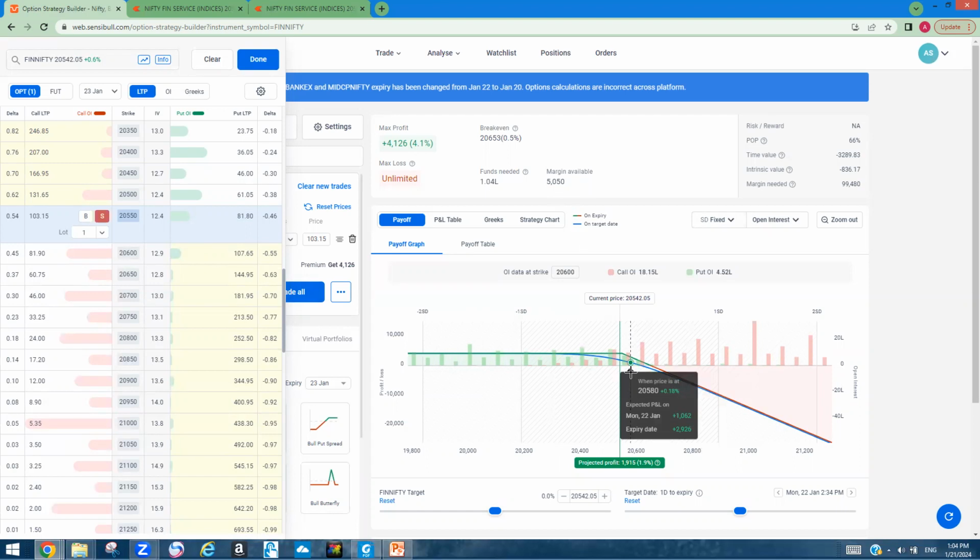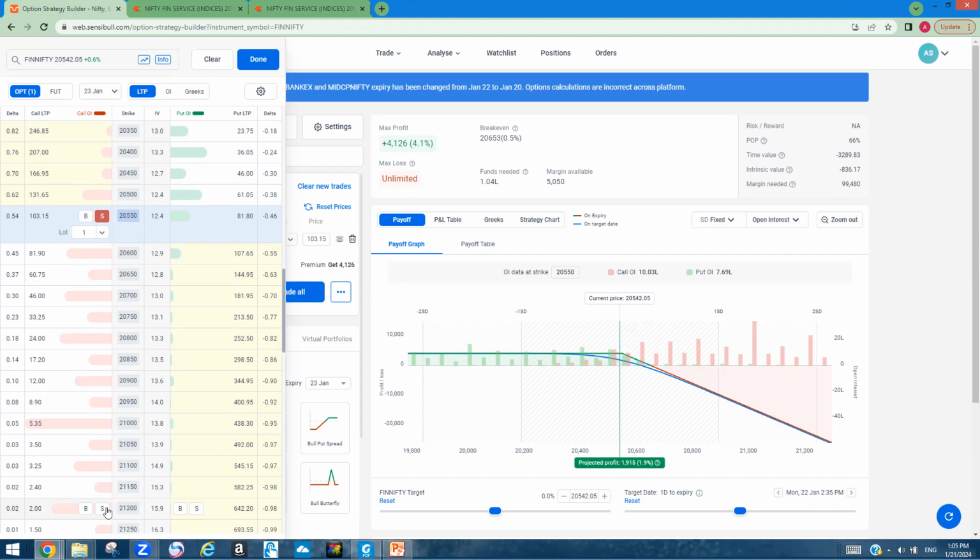Now we can decrease this margin by buying an OTM call option. You see, if I go to OTM, that means out of the money call option, normally it works with 1 or 2 rupees as the hedging. So this is taken as a hedging by the broker, and it reduces the margin.